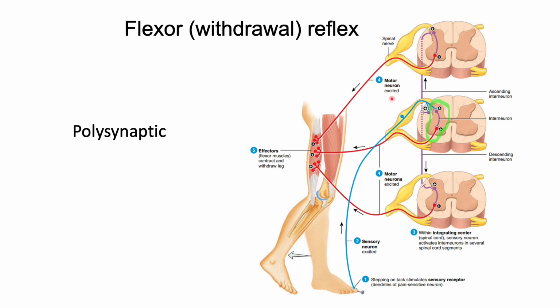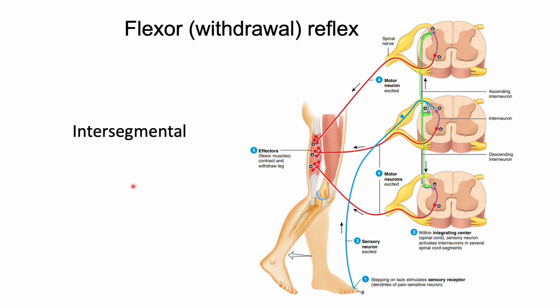The after-discharge circuits play an important role in keeping this withdrawal from the signal for a prolonged time until the central nervous system figures out what to do with this painful signal.